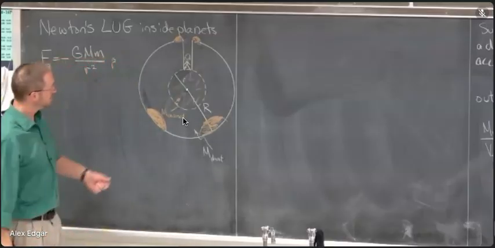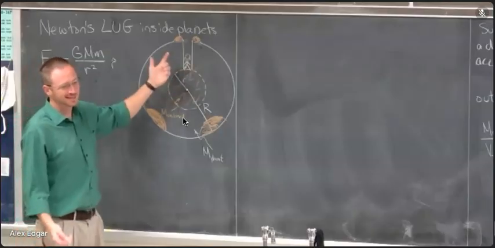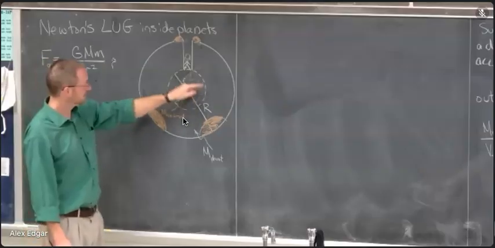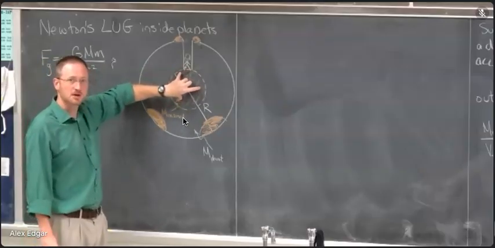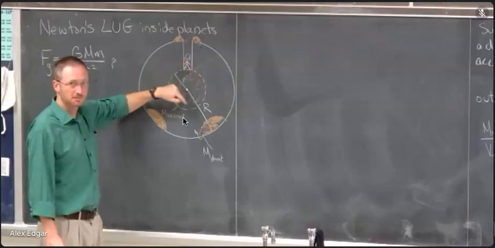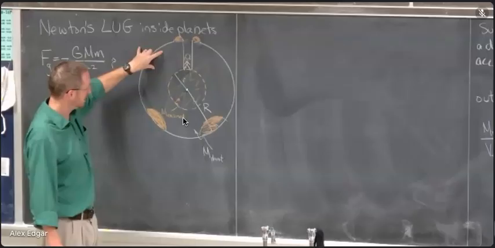And the result is you can draw an imaginary bubble around you, and I've drawn it around your feet. Technically, it should be around your belly button. But you can draw an imaginary bubble in which the only mass that doesn't get canceled out is that which is still underneath your feet. So the farther into a planet that you go, there is less and less mass of the planet still under your feet, and more mass of the planet that's outside that's going to cancel out.